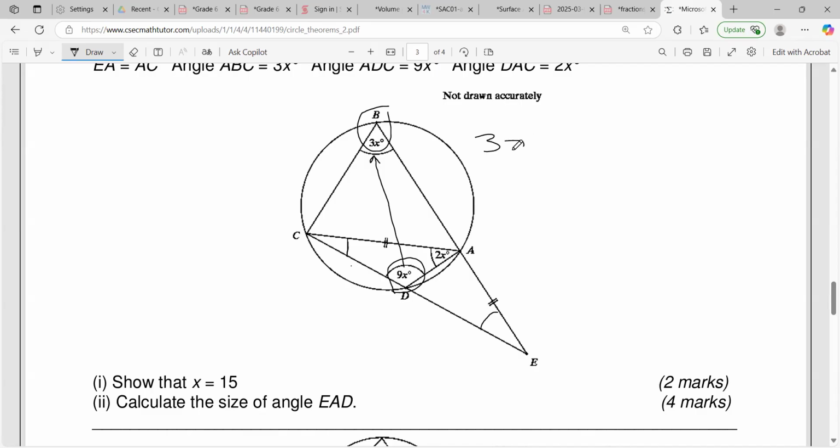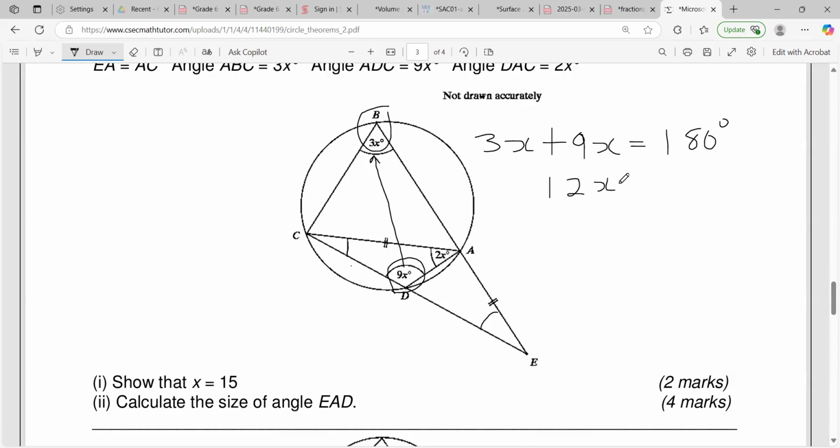So I know that 3x plus 9x is going to give me 180, based on the rule that in a cyclic quadrilateral the opposite angles add up to 180. They are supplementary. So based off that, I could form an equation. And of course, 3x plus 9x will give us 12x.